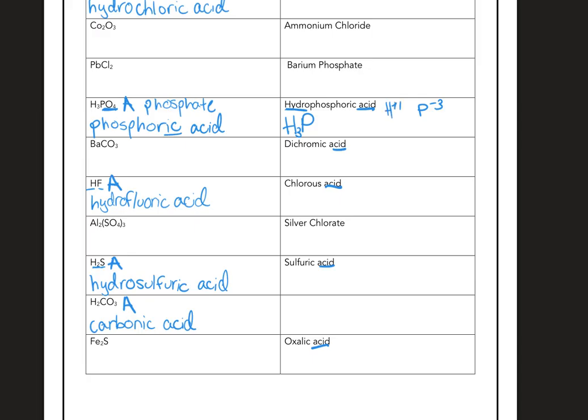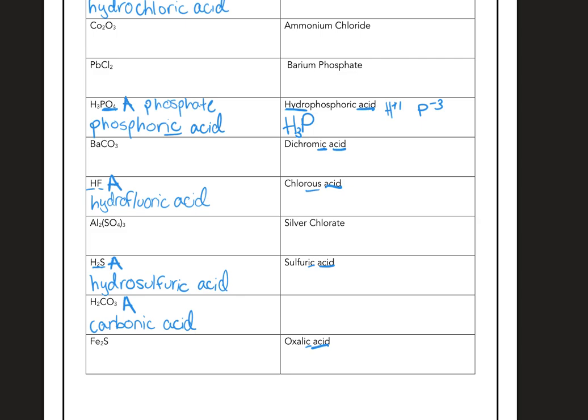Okay, so that's a binary acid. With my other acids that I've pointed out, they don't start with hydro, so that means they're all going to be a hydrogen bonded to a polyatomic ion. So I'm going to look at the endings. So ic, ous, ic, ic. Okay, so remember, I ate something icky.